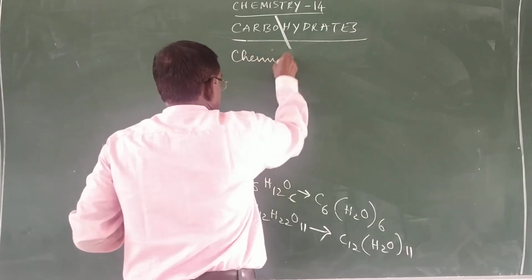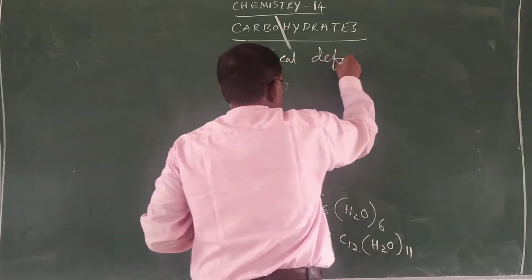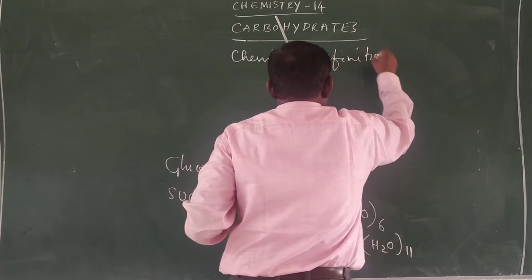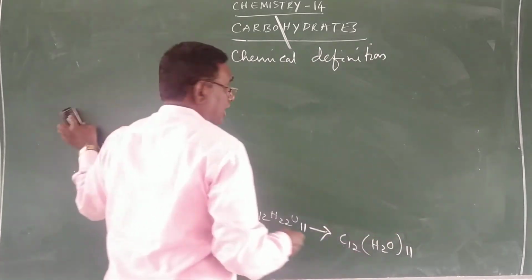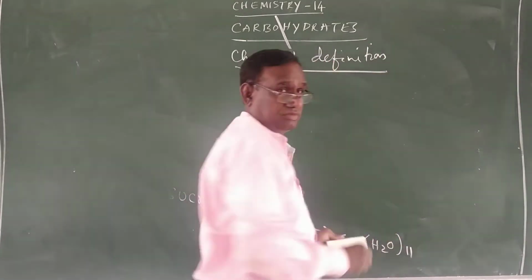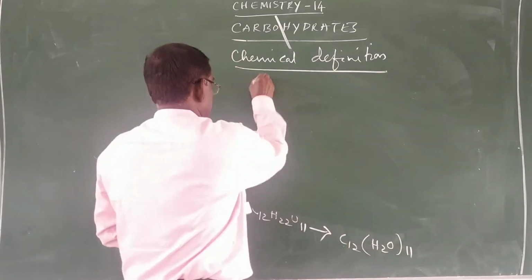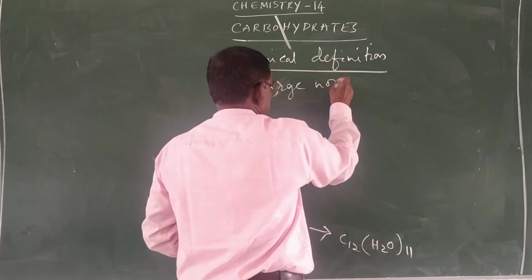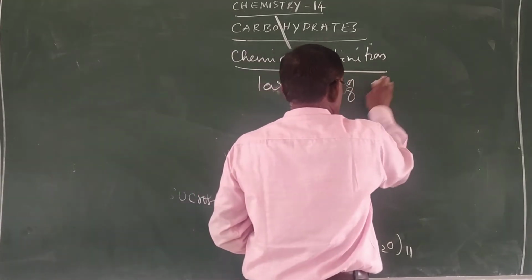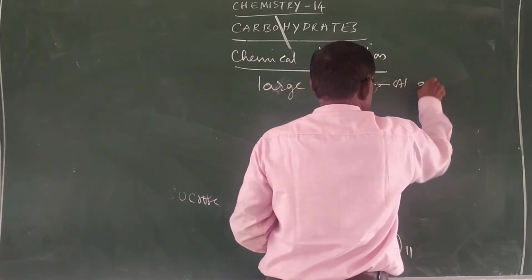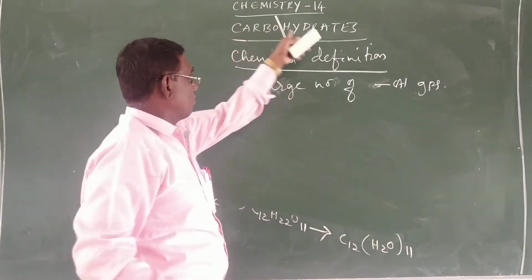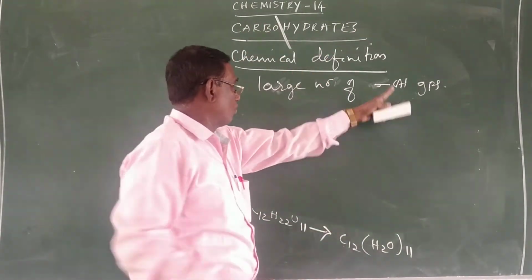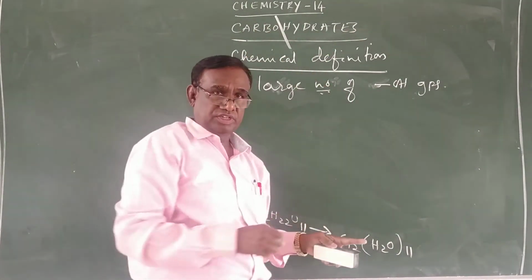According to the chemical definition, carbohydrates essentially contain a large number of OH groups. That means carbohydrates contain many OH groups.